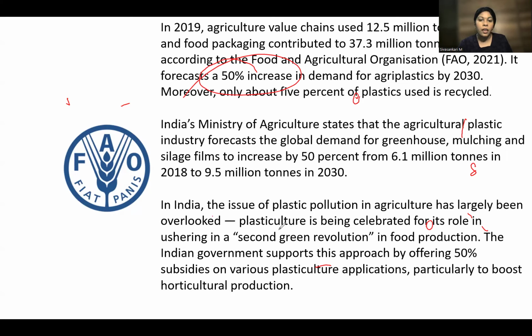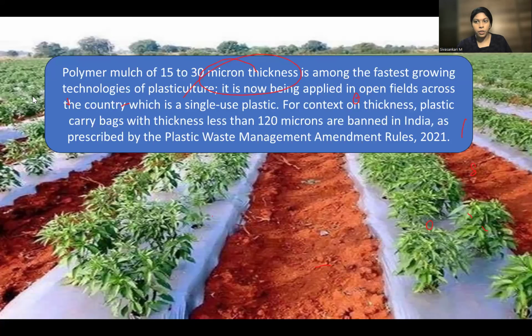See this. Already, you know that in India, single-use plastics are banned. But in plasticulture, most of the plastics used in these agricultural systems are single-use plastic only, students. So imagine how much harm it is going to do to the environment. We have banned plastics of less than 120 microns thickness in India as per the Plastic Waste Management Rules, which came in 2021.